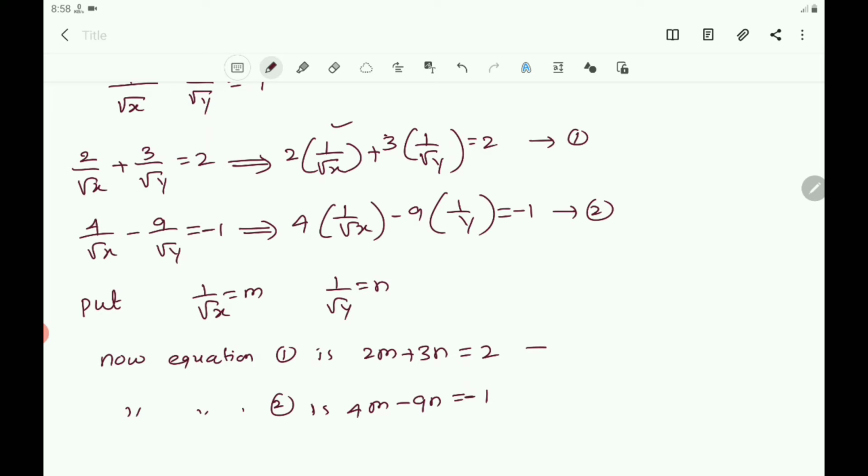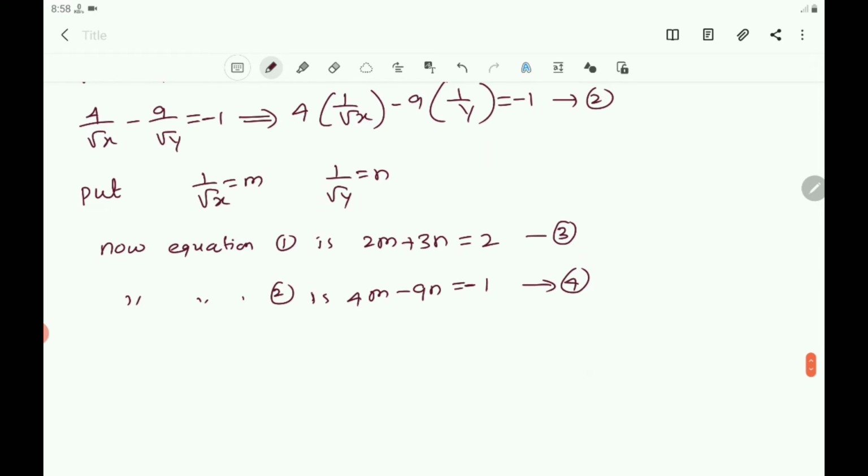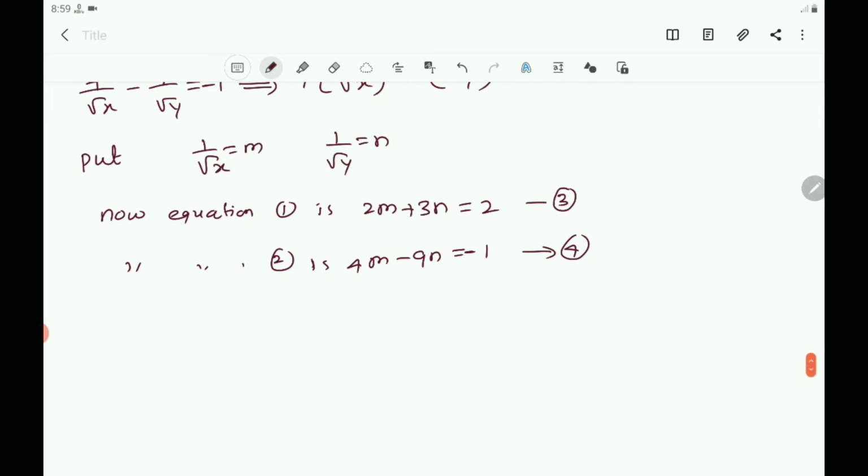So the first one is converted as the third equation, and the second one is converted as the fourth equation. Now here we have to eliminate any one of the variables.